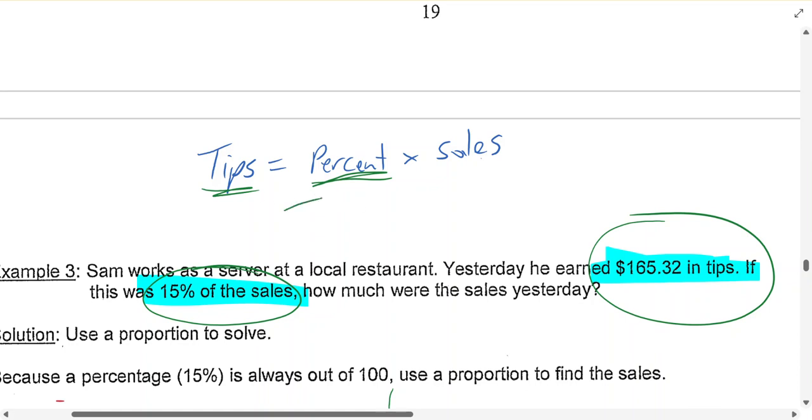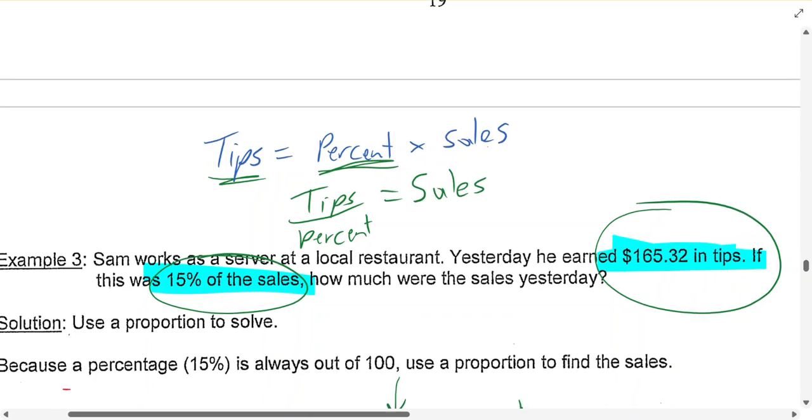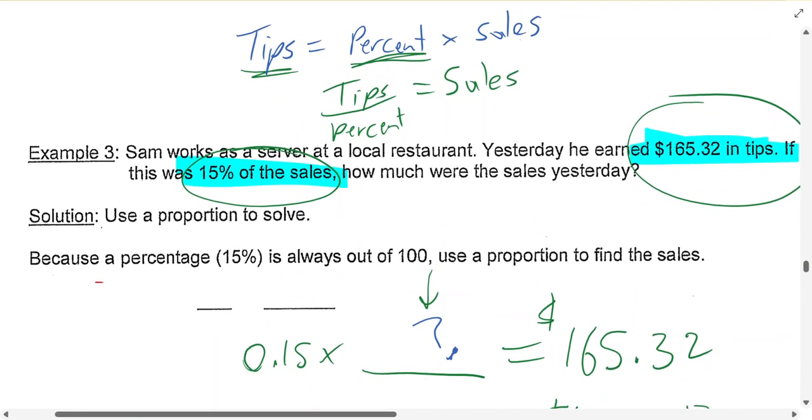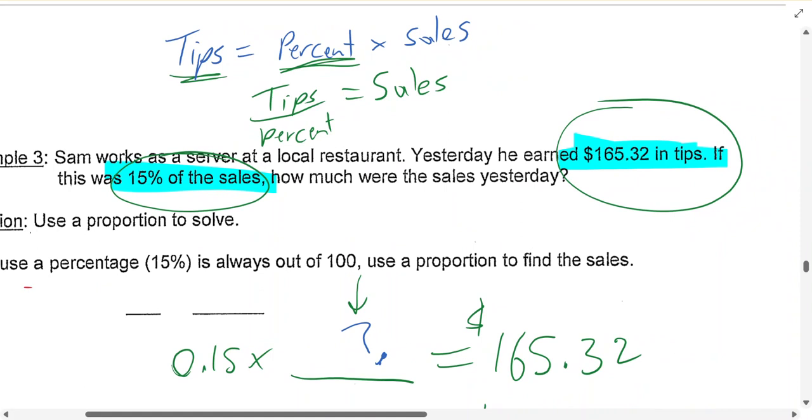So tips divided by percent equals the sales that were made by Sam. Good job, Sam. Okay, so here we have the work. I've kind of set it up the other direction, just fine though.